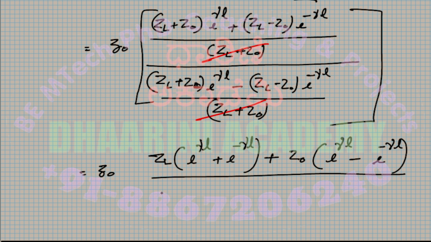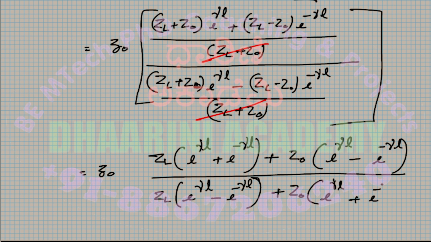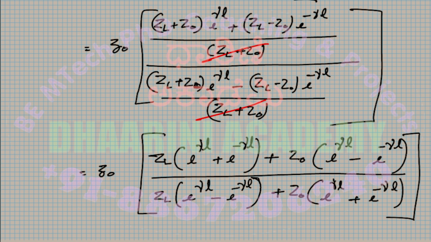Similarly, let me take a ZL out here. So I have e to the gamma L minus e to the power minus gamma L plus Z naught you try to take out. You have e to the gamma L plus e to the minus gamma L. Is it okay?